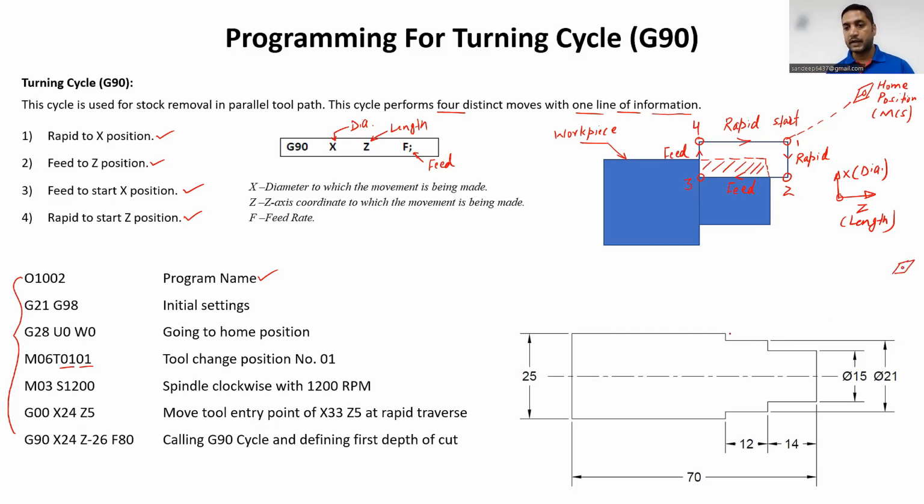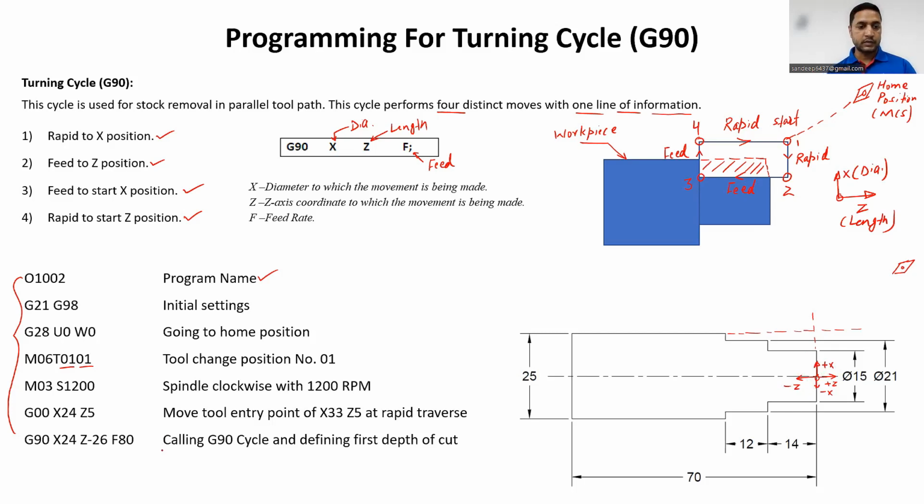If I extend this line, this is the X25 line, and this will be our Z line. Away from this point is a plus Z movement, and this will be our plus X movement. If we move inward, it will be a minus Z movement, and downward is a minus X movement. At the center of the workpiece, our X and Z values are 0.